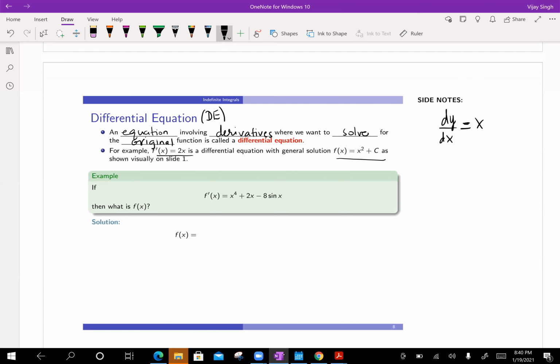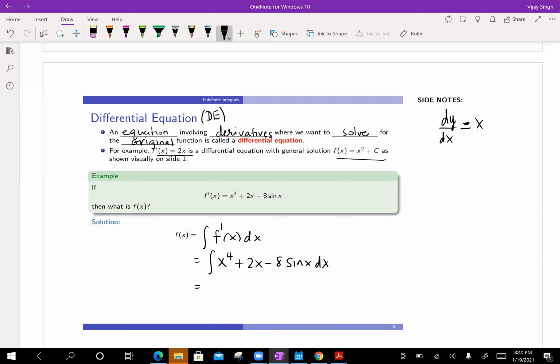So we have the integral of f prime x dx, that is going to be x to the 4 plus 2x minus 8 sine x. So I'm just writing the function as it is.